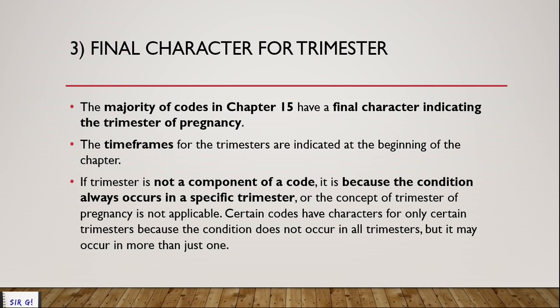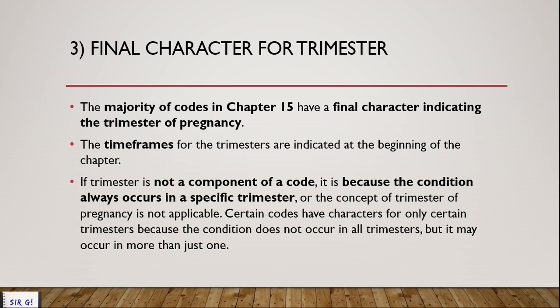The reason for that is that the condition always occurs in a specific trimester, or the concept of trimester of pregnancy is not applicable. Certain codes have characters for only certain trimesters, because the condition does not occur in all trimesters, but it may occur in more than just one trimester.